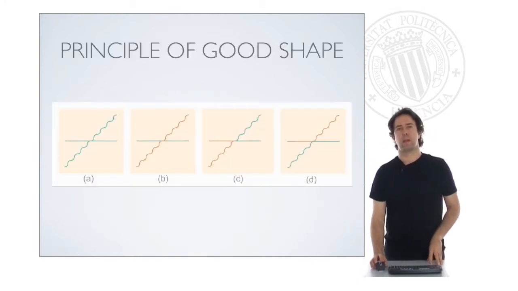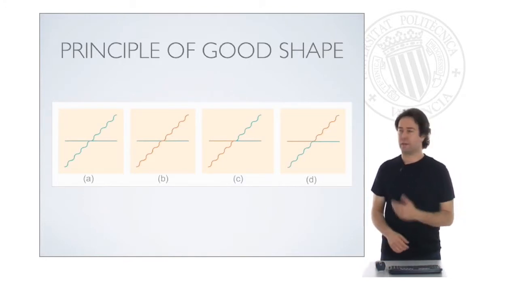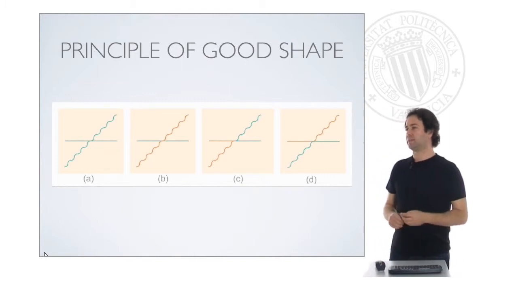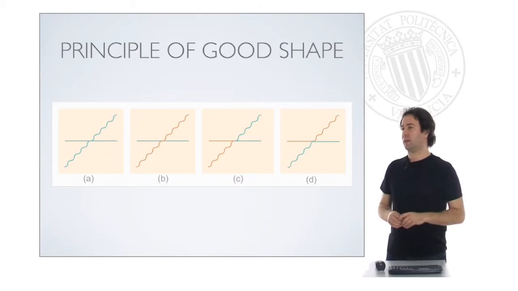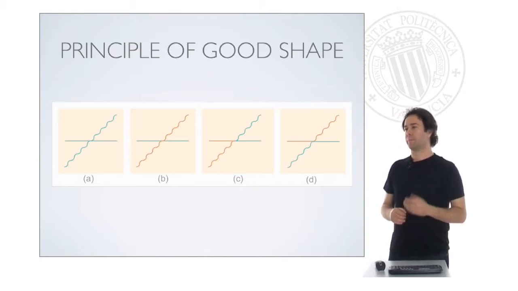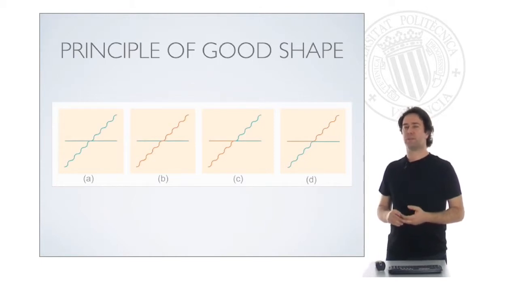The principle of good shape can be seen on figure A here in this slide. Take a look at the first image, named A. Most people, when they see that, understand that there are two different shapes involved.